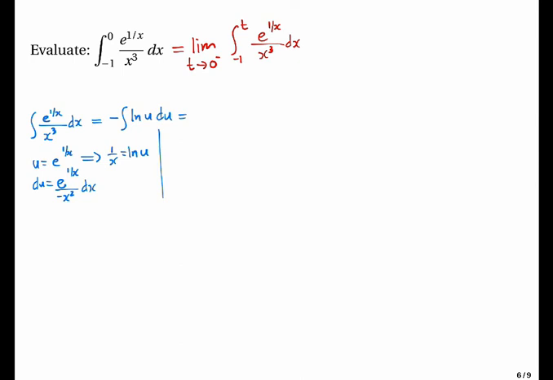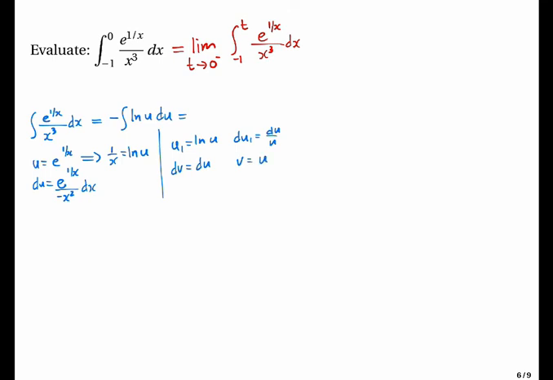We say u1 equals ln of u, dv equals du, and then du1 is 1 over u du, and then v is simply u.